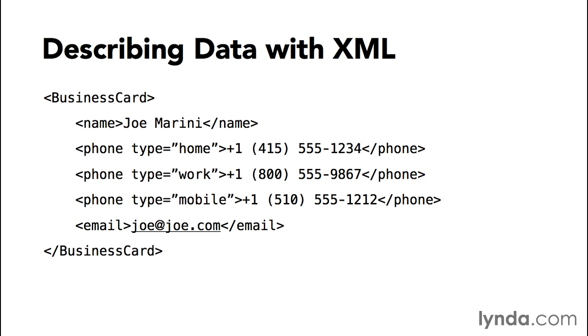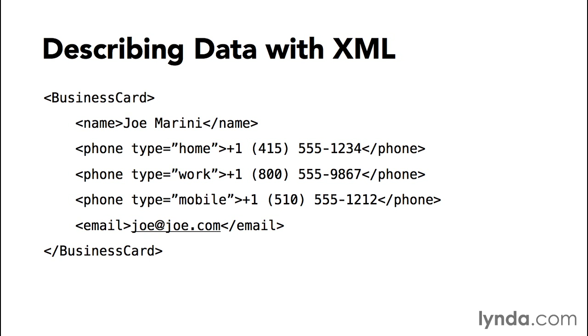And the truth is, I don't know if there is or there isn't, but I decided to sit down and create my own XML language called business card. Remember, the X in XML stands for extensible. So if you have a particular data-related problem or task and you want to use XML to solve it, you can either use an existing XML language if there is one, but if there isn't one, just make one up.